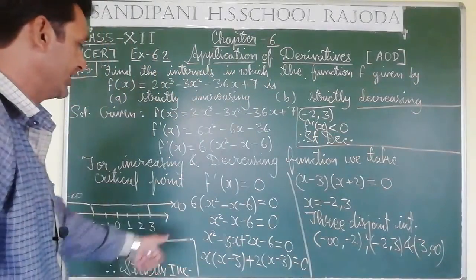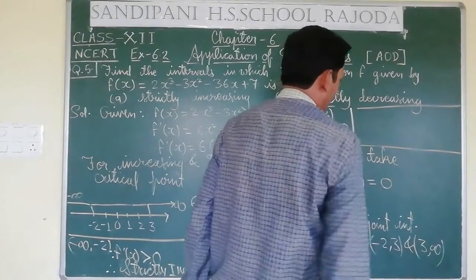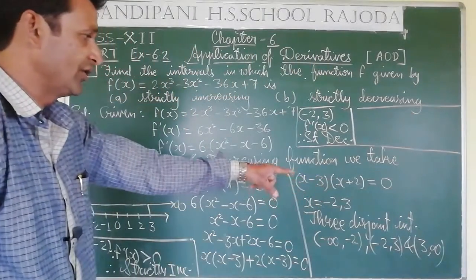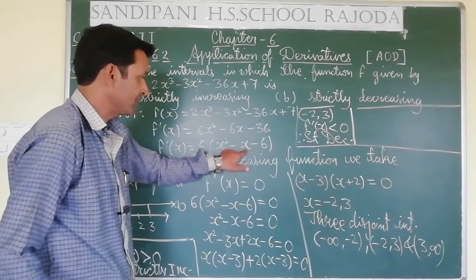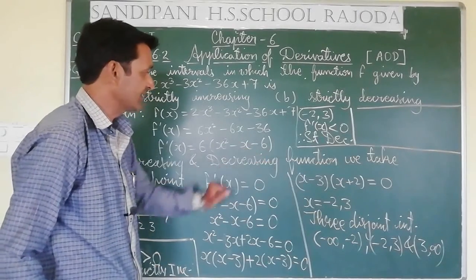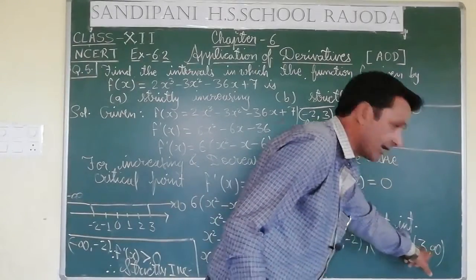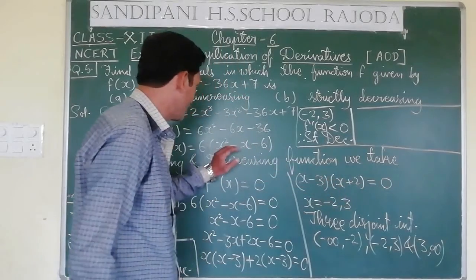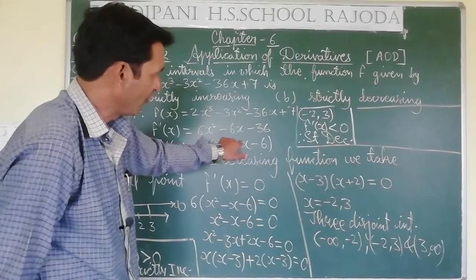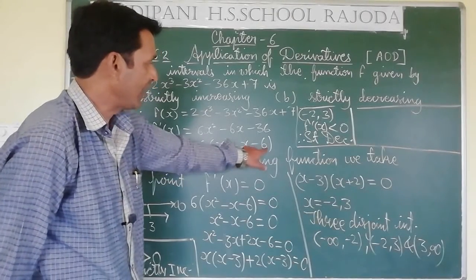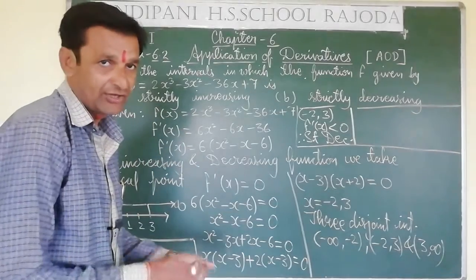Now what we have to check? Now I am checking 3 to infinity. Between 3 to infinity I can take 4 here. Suppose I am taking 4 after 3. It will become positive because 4 square is 16. 16 minus 4 is 12, 12 minus 6 is 6, and 6 into 6 is 36, which means f dash x is positive here.